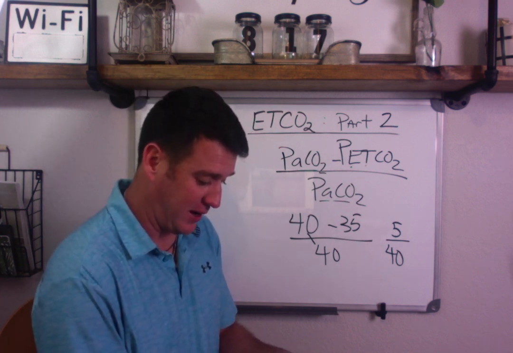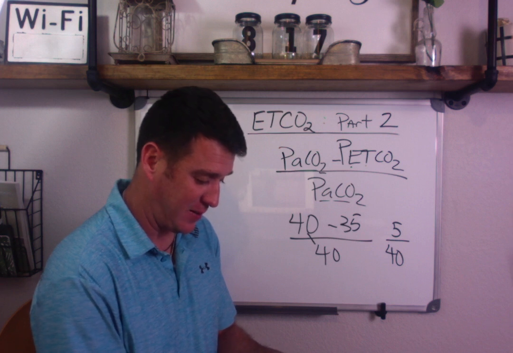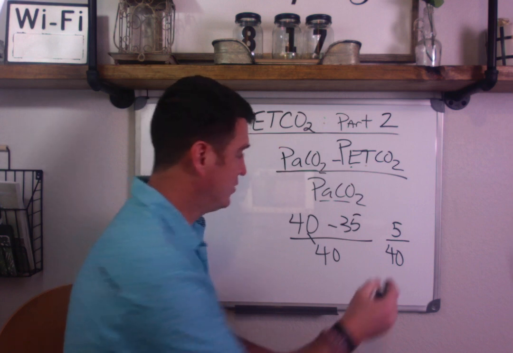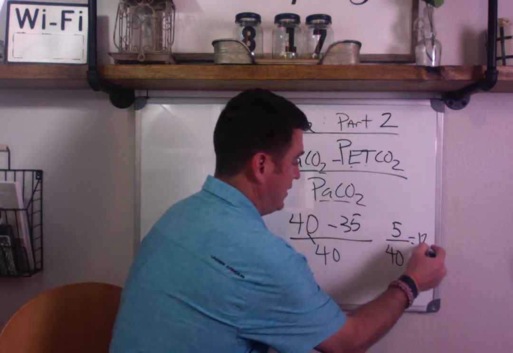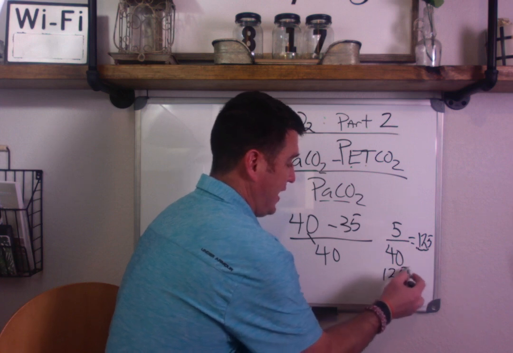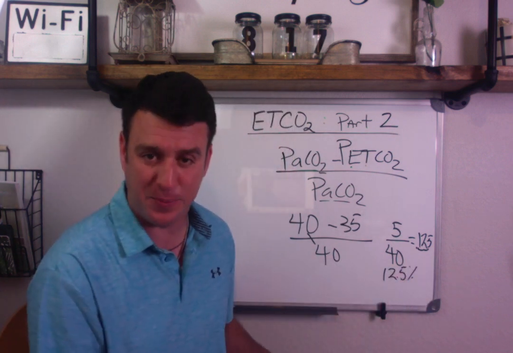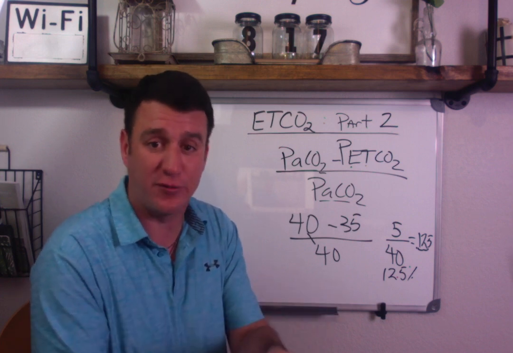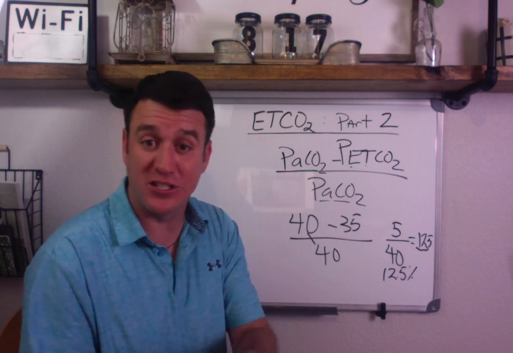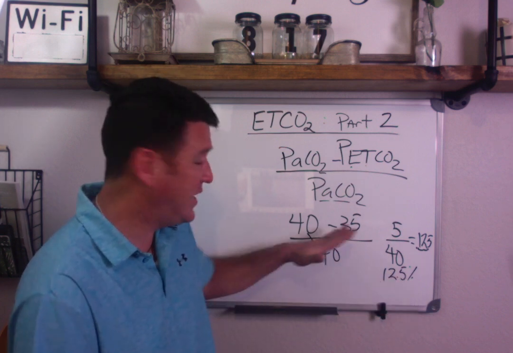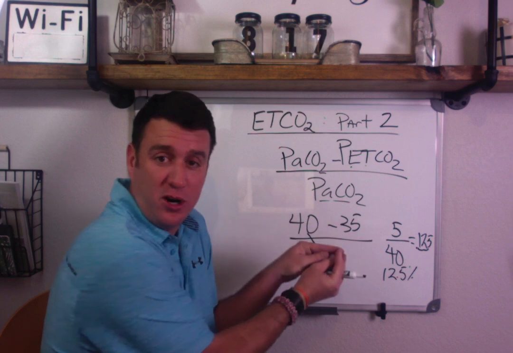I could probably do it in my head, but I'm just going to use my calculator here. 5 divided by 40 equals 0.125. This means that this patient has a 12.5% dead space. That means that 12.5% of your tidal volume is not participating with gas exchange. That's a very minimal amount. And we know that because our gradient is small.